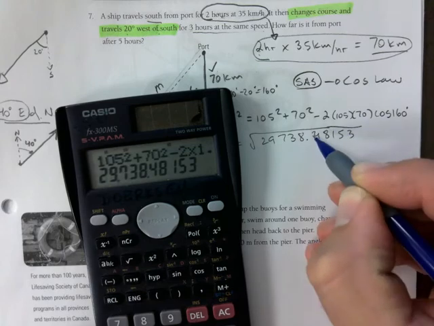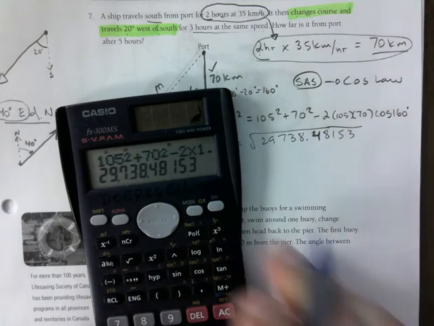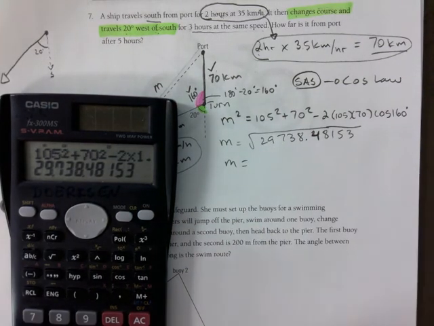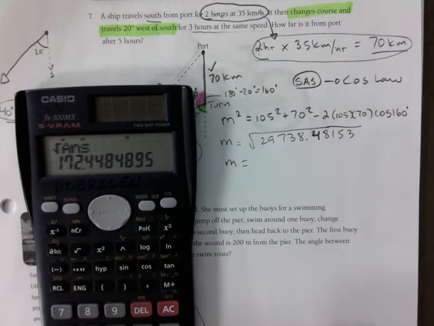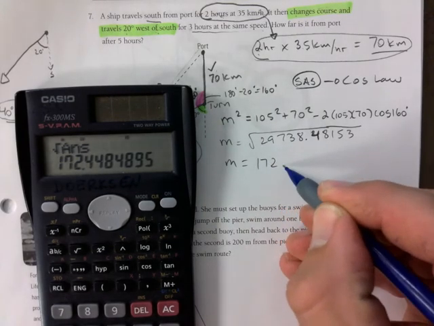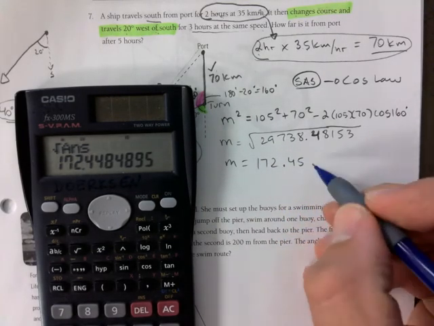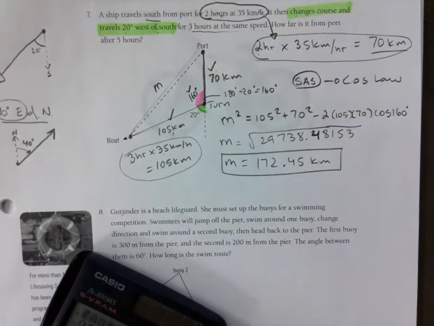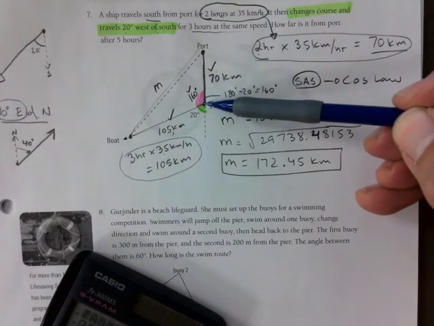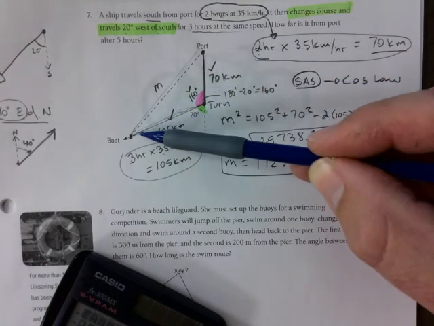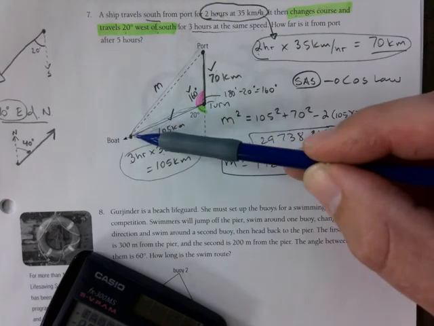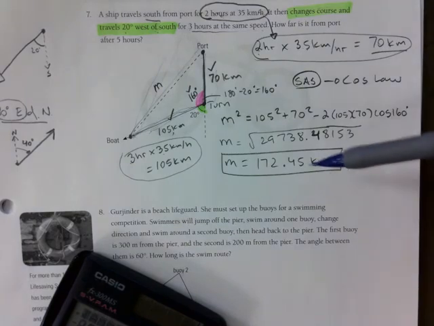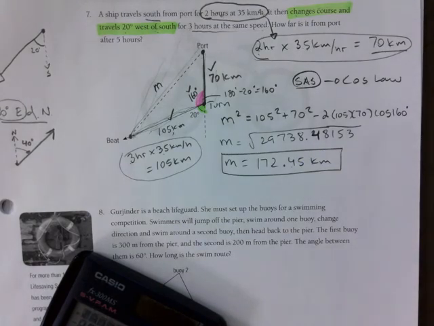It doesn't hurt writing the whole thing down. And so we take the square root of that, that's 172.45, and we are talking kilometers. So the ship, after traveling 2 hours this way and 3 hours that way, a 5-hour total trip, we now know that the direct distance from the port to the final destination is 172.45 kilometers.